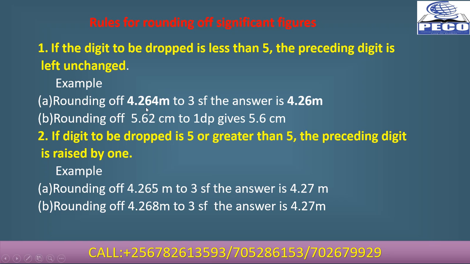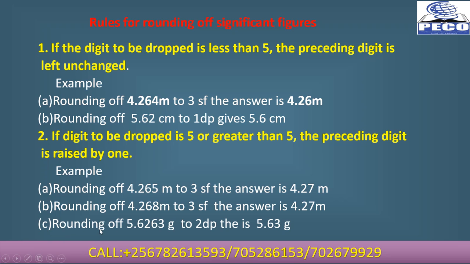But up here it was less than 5. These values are less than 5, so this value remains unchanged, using rule number 1. Rule number 2: this value is raised by 1 if the value after is 5 or greater than 5.